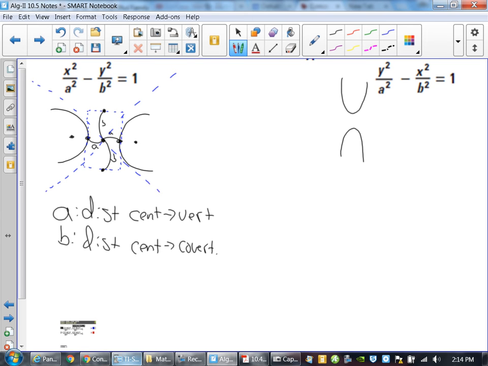And we'll talk about that when we put a real example in. Okay? I'll show you when we do a real example. C is still the distance, center to focus. And then the only thing that changes now is c squared is a squared plus b squared.